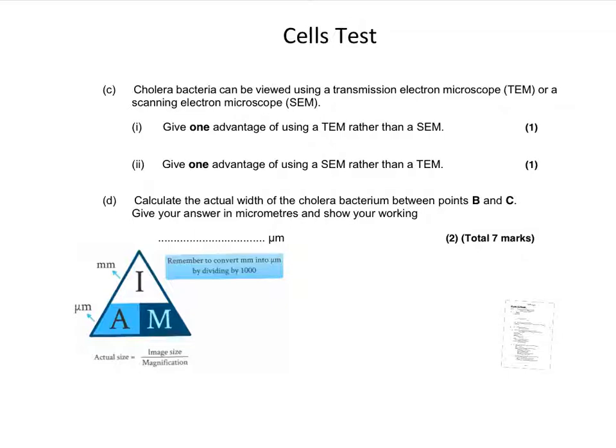So B to C I measured, and I got, it might be incorrect, but here we go, 19 millimeters.